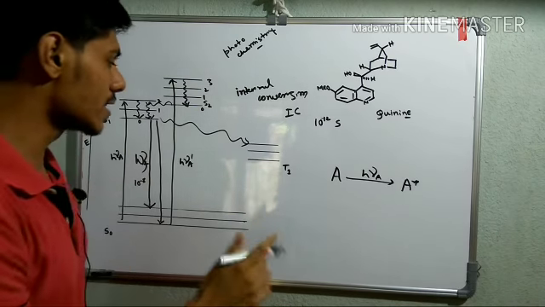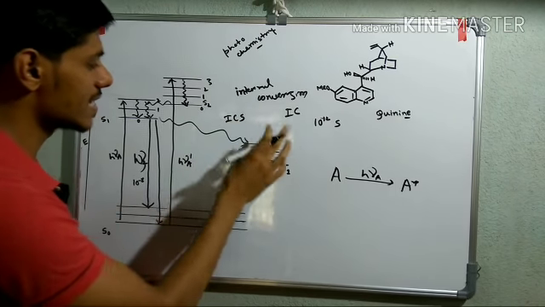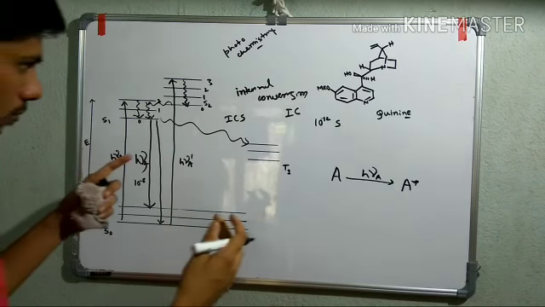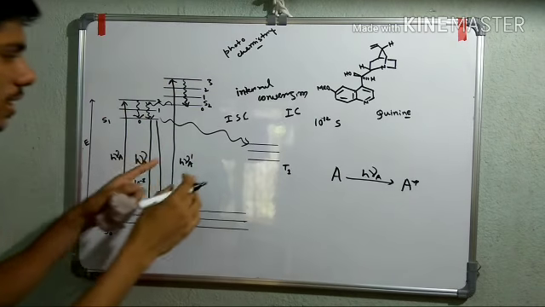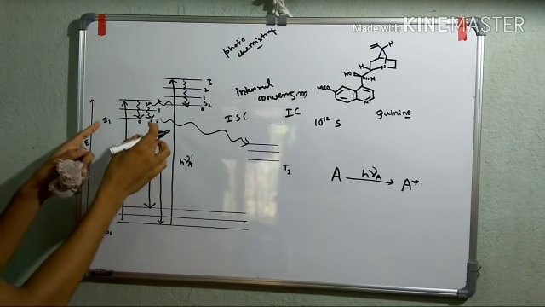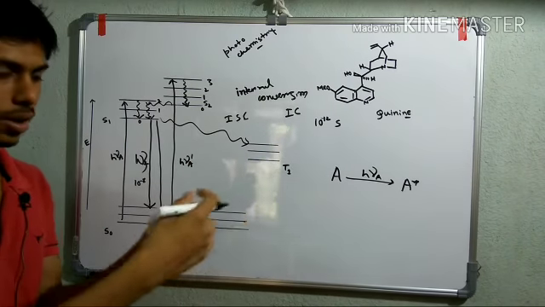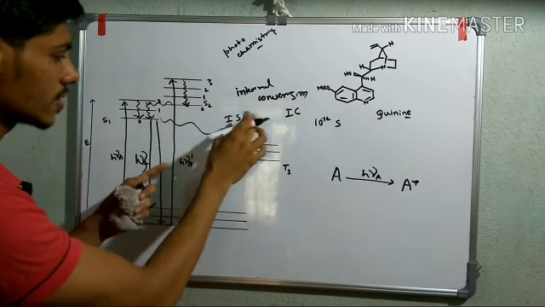So this process is very slow, and it is called inter-system crossing, ISC. It is called inter-system crossing because it occurs from a singlet system to a triplet system. So internal crossover is occurring, but the systems are different. That's why it is called inter-system crossing.